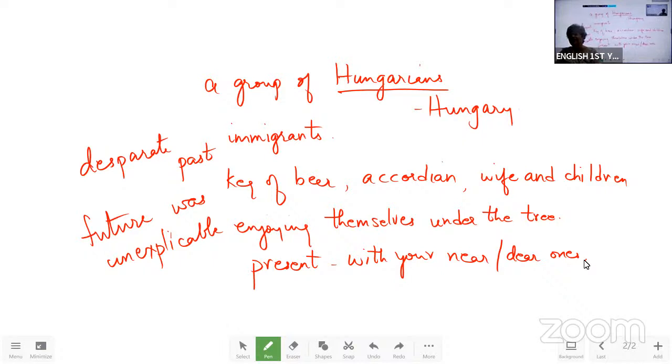Man is happy when he is enjoying the present with his loved ones. So fame, wealth, or success wasn't the key.